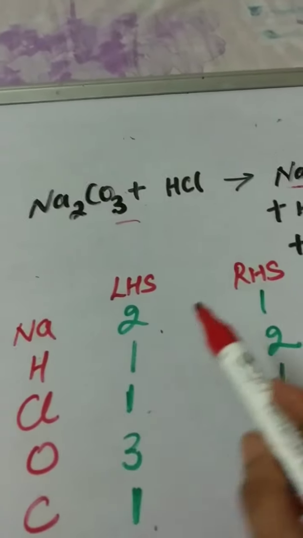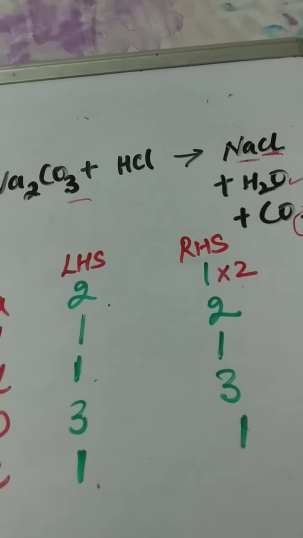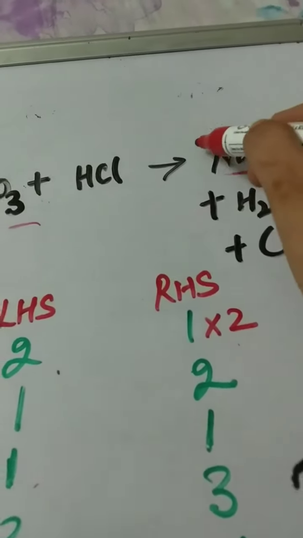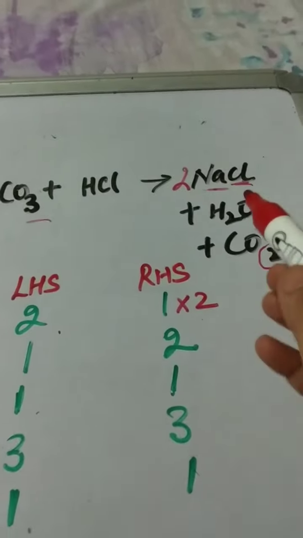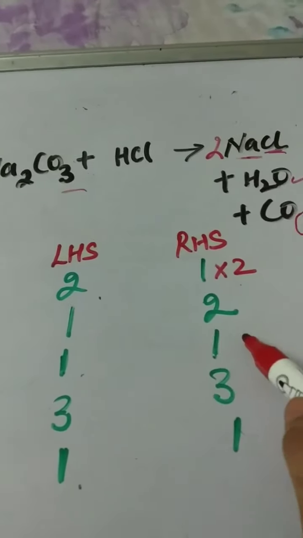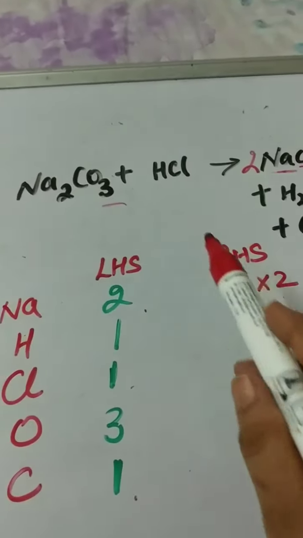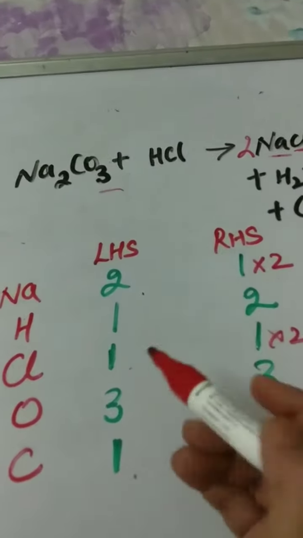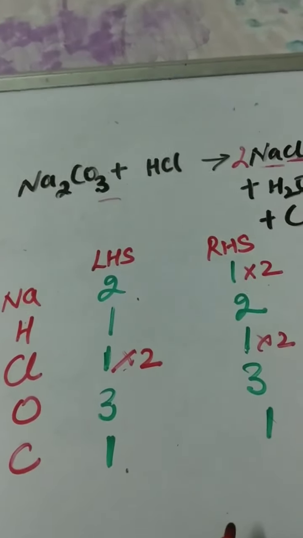First we will see sodium. If we put 2 as a coefficient in front of sodium chloride toward the product side, then sodium becomes 2 and chlorine also becomes 2. Now on the reactant side, we want an equal number on both sides. We put a coefficient in front of HCl.